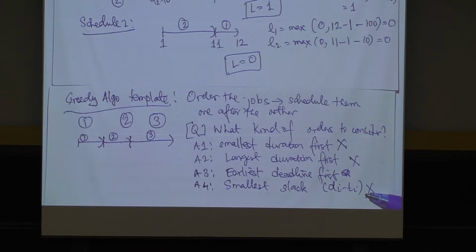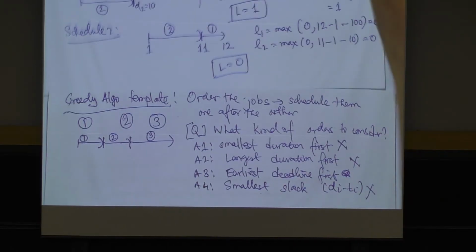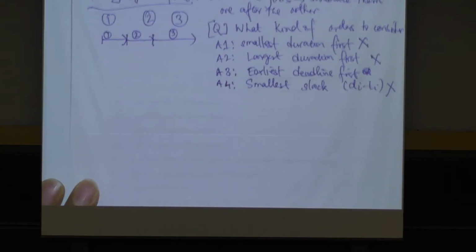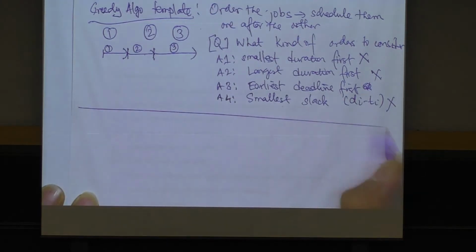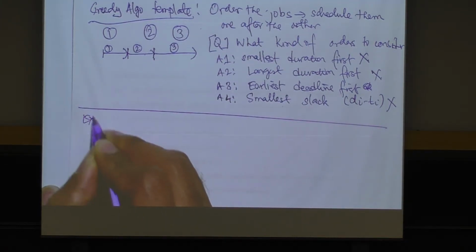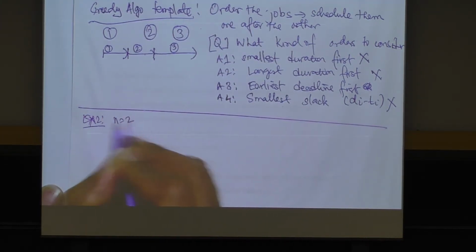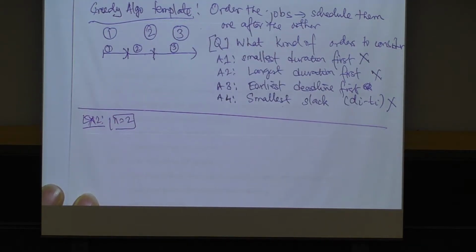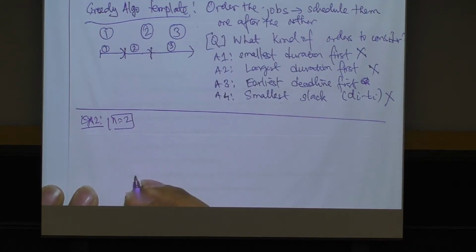And slack seemed like a good way to take both into account, but it turns out you can actually ignore the duration if you just pay attention to the deadline. All right, so here's my second example. It's again n equal to 2.